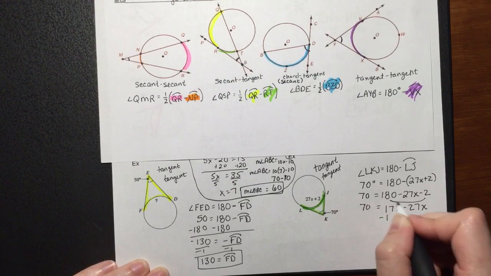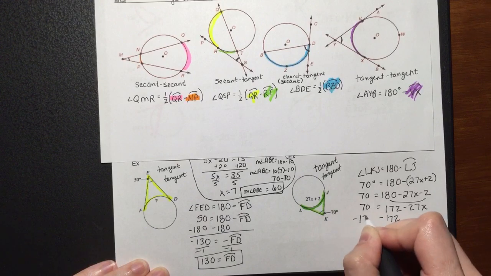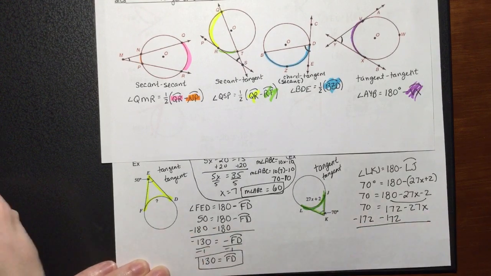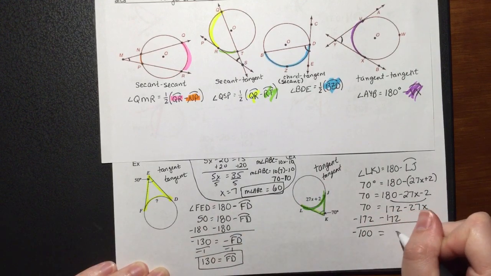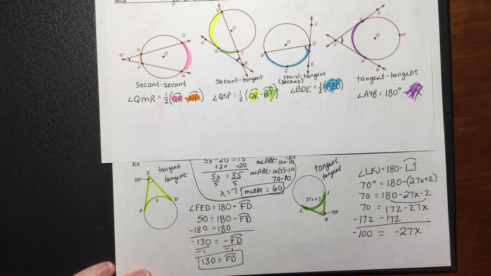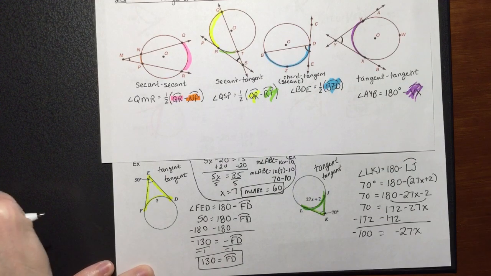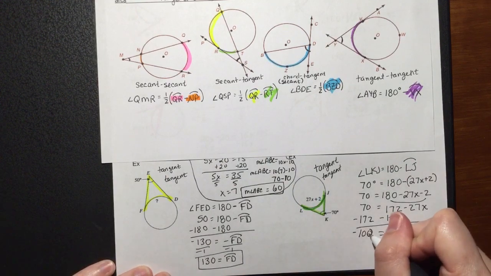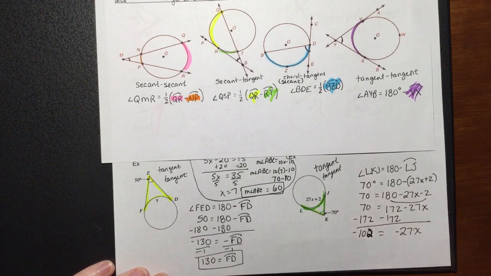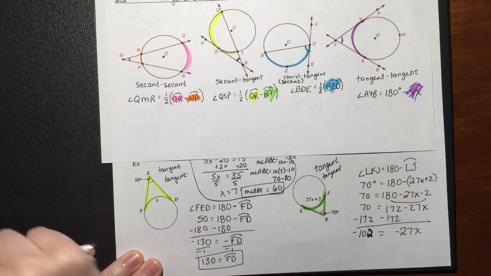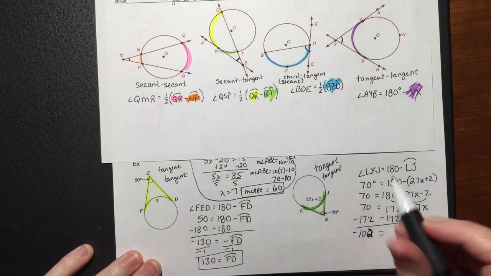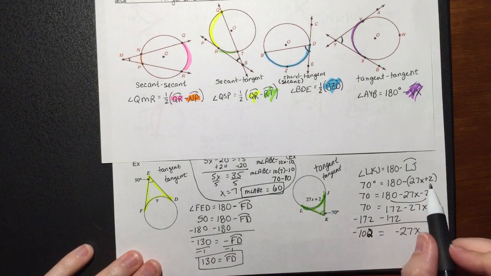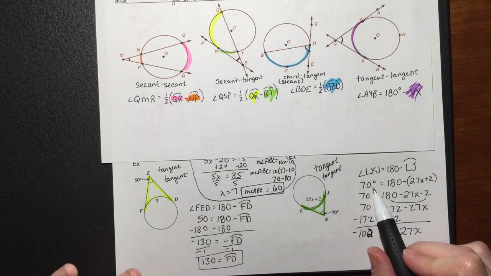I want the x by itself, so I'm wanting to move this guy away. Subtract the 172 from both sides. So 70 minus 172 is negative 100, which is going to be equal to negative 27x. Nope, 70 minus 172, it's going to be 102. So divide both sides by 27. And that still doesn't give me the right answer. What did I do? 27 plus 2, 180, 70.